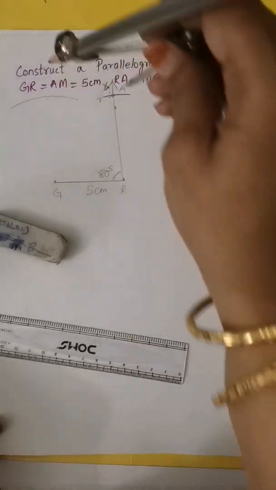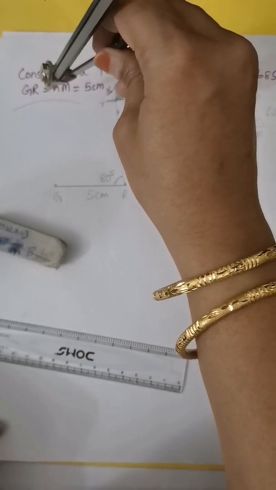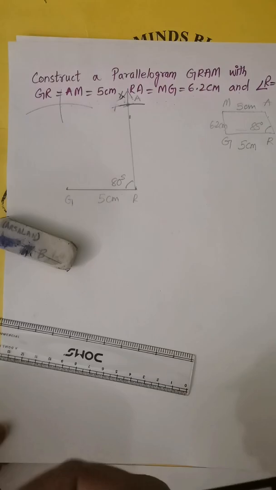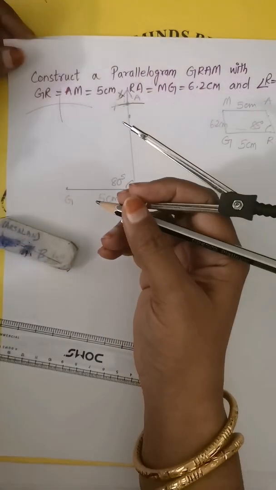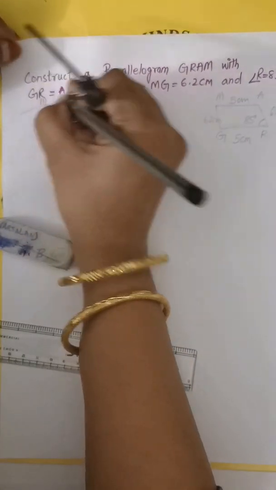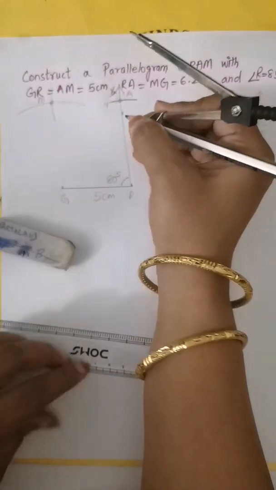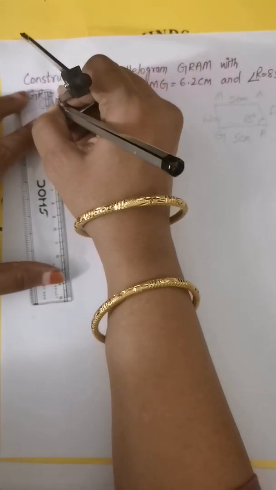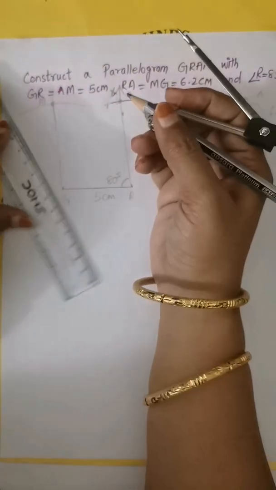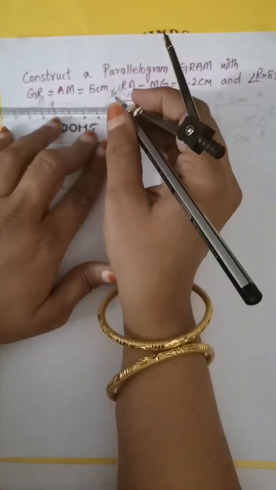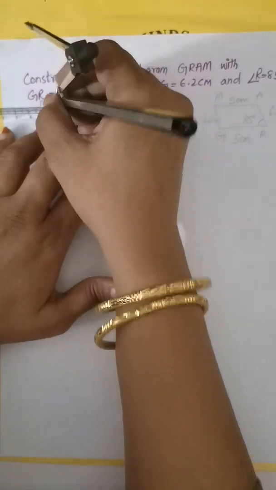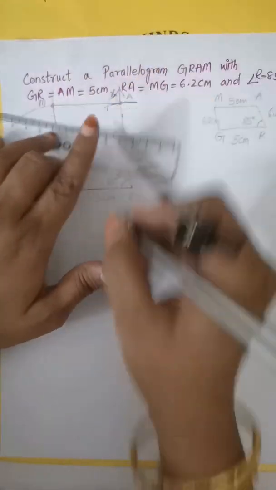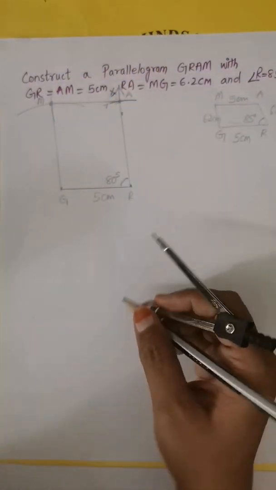With A as center, radius 5 centimeter, cut the previous arc. Name the intersection as M. Now join GM and AM. The required parallelogram is formed.